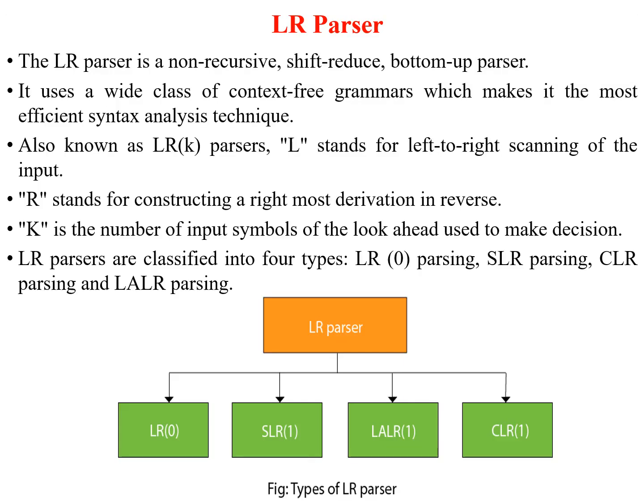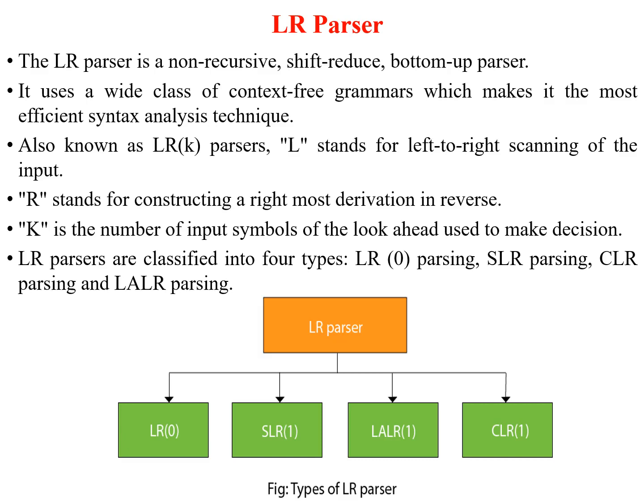The LR parser, we know, is non-recursive. We are not at all using recursive functions here. The LR parser is also represented as a shift-reduce parser, because the basic operations are shift and reduce, and it comes under the category of bottom-up parsers.